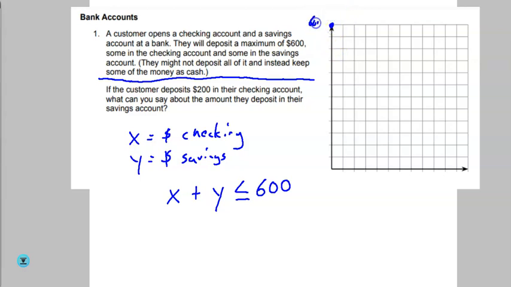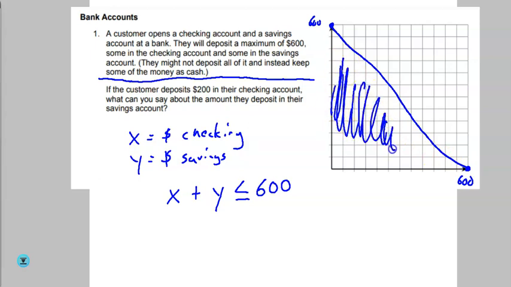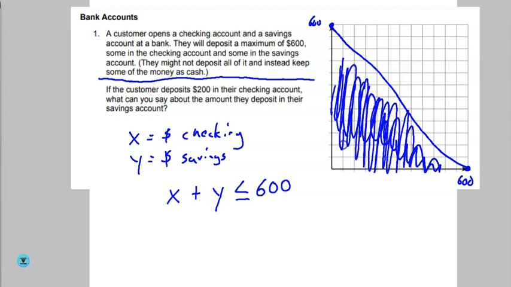Same thing here. And it's or equal to, so it's a solid line. And it's got to be less than. So we know that anywhere in this region represents that situation.